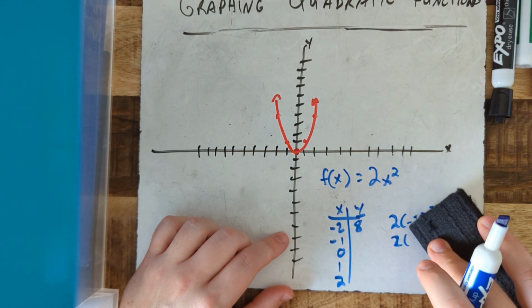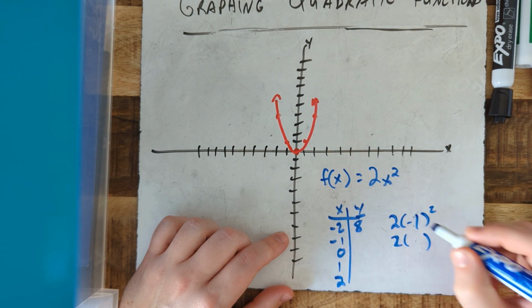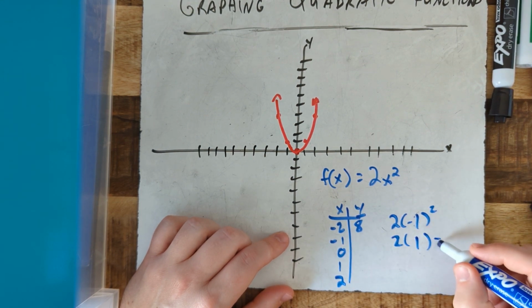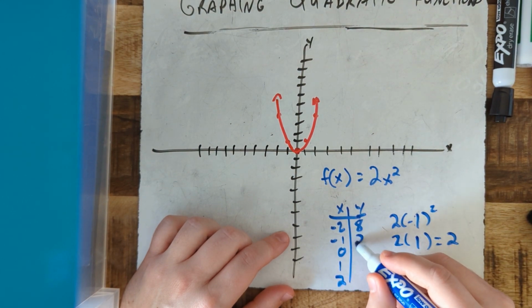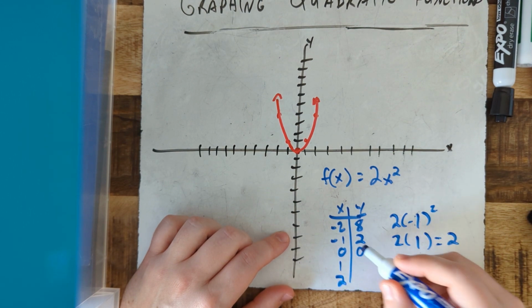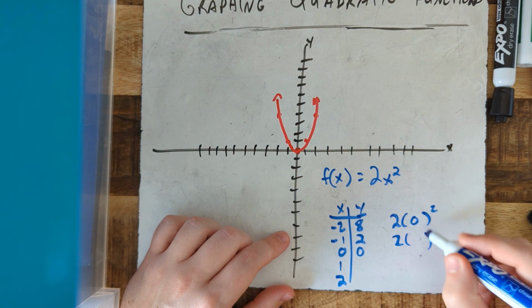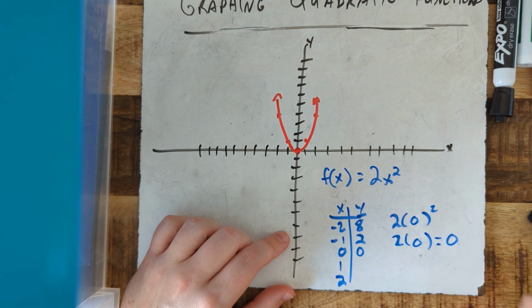Now, when we put -1 in there, -1 squared is +1, and +1 times 2 is 2. So our number here is 2. And then, of course, 0 is going to be 0. 0 squared is 0, and 0 times 2 is 0, right?